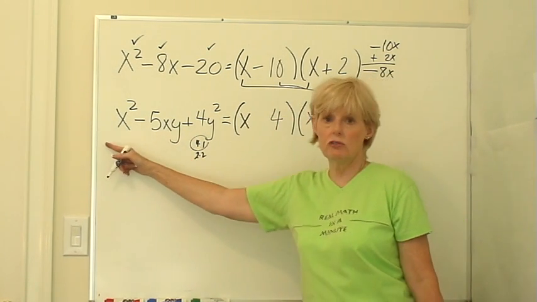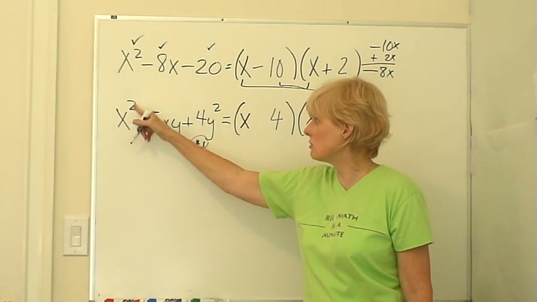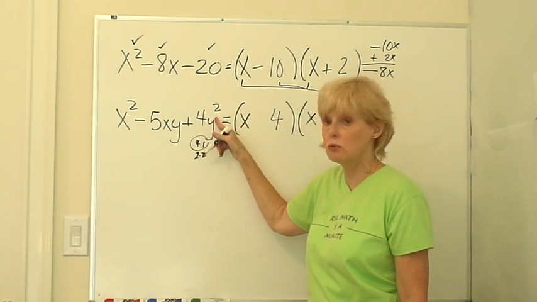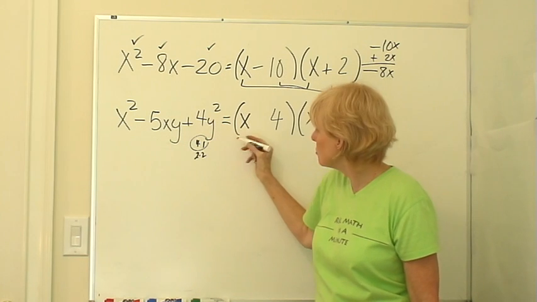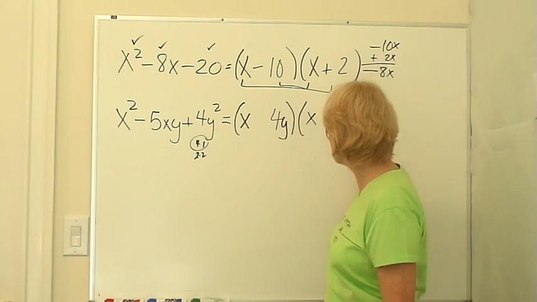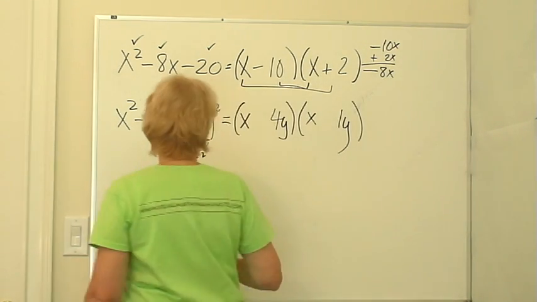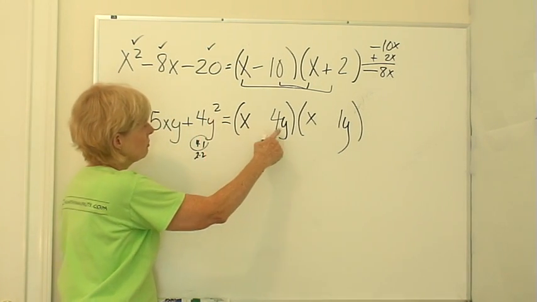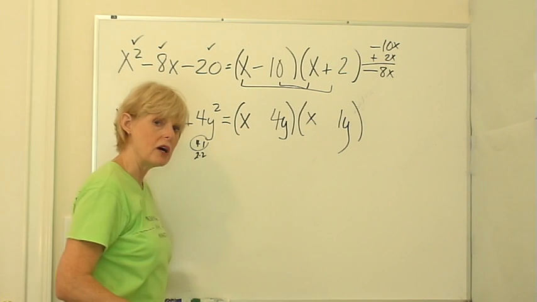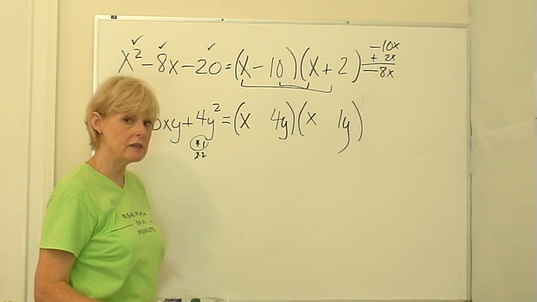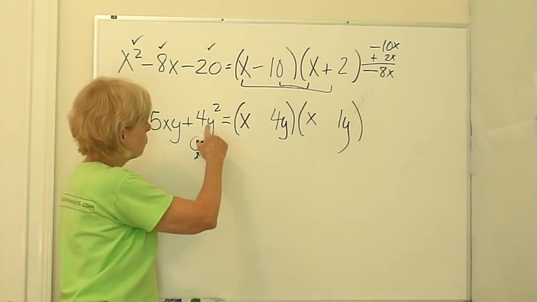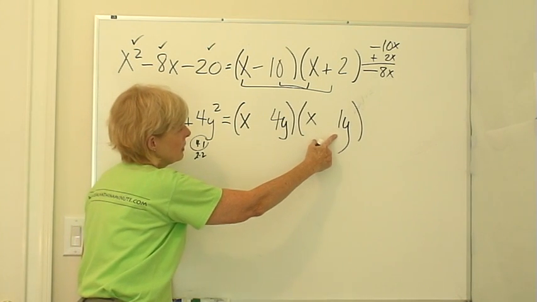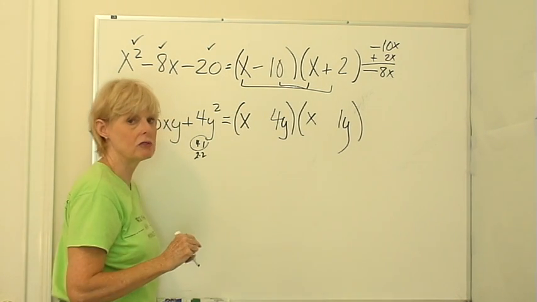Now I made this one a little differently also, because instead of just x squared on the front, I put y squared on the end. So we're going to have 4y and 1y. Because the only way that it can check back and be y squared is if we have a y times a y. Do you get that? 4y times 1y is 4y squared, and that's what it has to be.